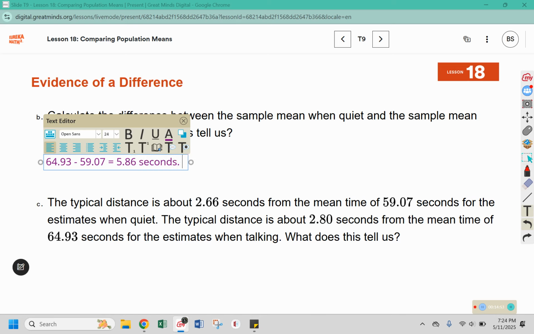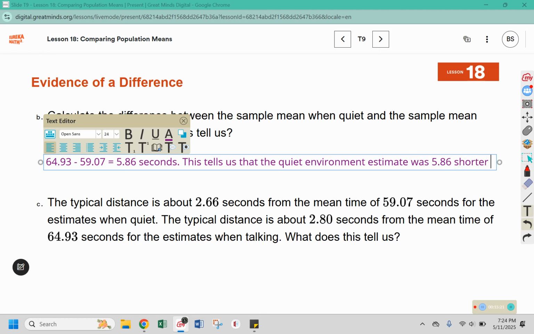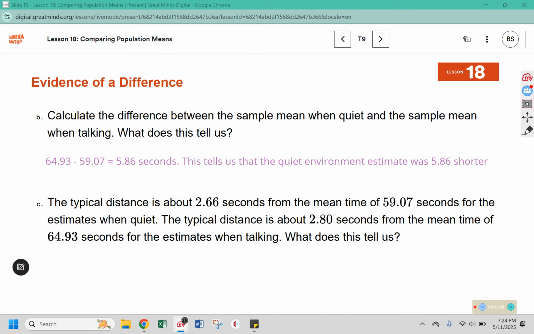This tells us that the students in a quiet environment typically estimated a time that was 5.86 seconds shorter than students in an environment with people talking than the talking environment.